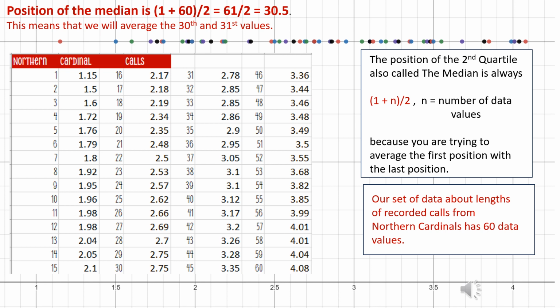So the position of the median or second quartile for this set of data is in between the 30th and 31st value. The position is 30.5, which means we're going to find the average between the 30th and the 31st value.